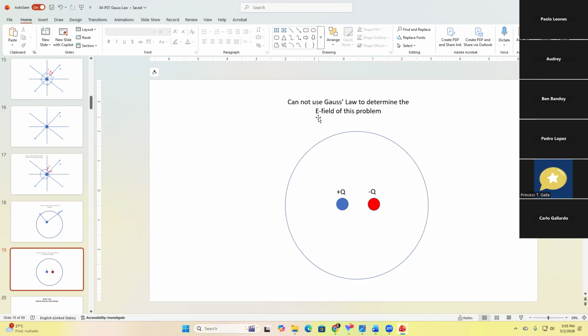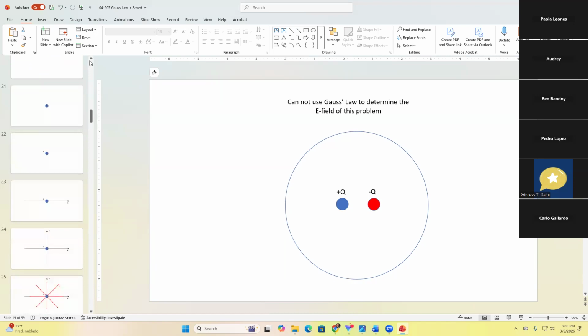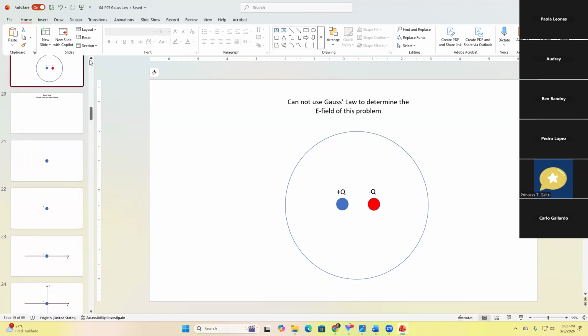But you cannot say anything about the electric field through the surface because there is no symmetry in this configuration that you see right in here. That's what I mean by you can determine the electric flux through the enclosed surface. It's easier to determine the electric flux through an enclosed surface than to determine the electric field around the same surface.